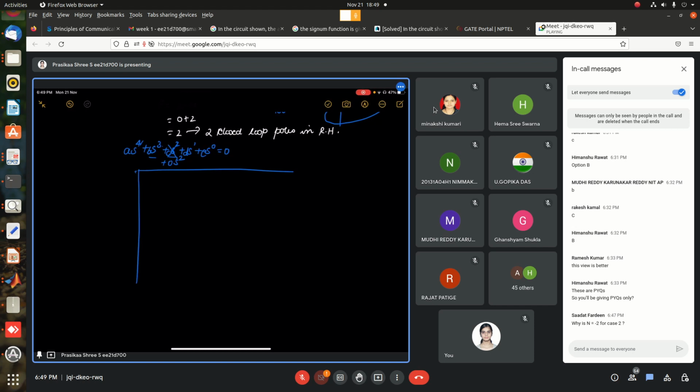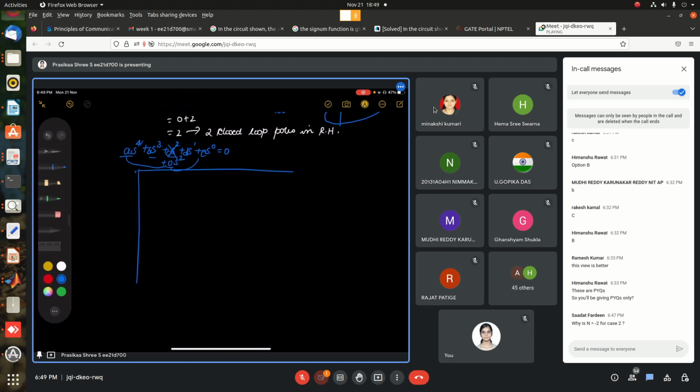After that, take out the alternate coefficients. A, C and E are alternate. B, D are alternate. Now quickly write the powers of s in decrementing order: s power 4, s cube, s square, s power 1, s power 0.